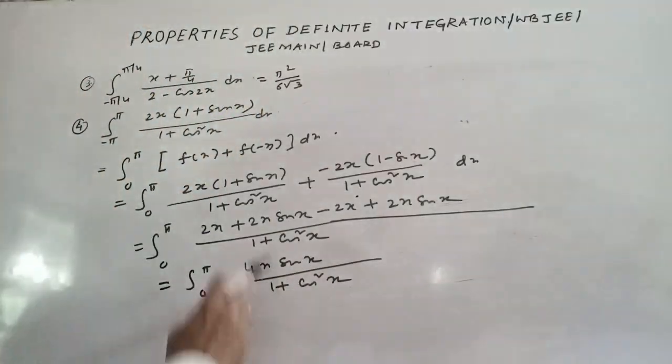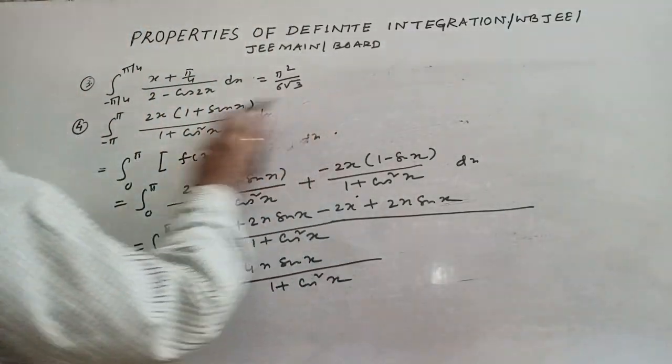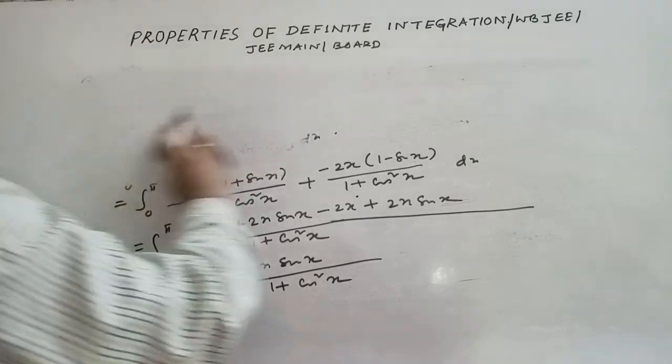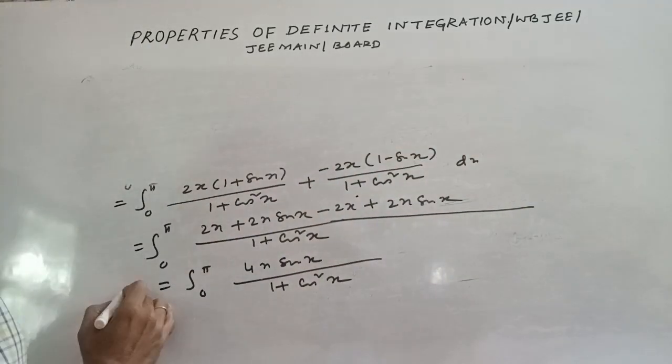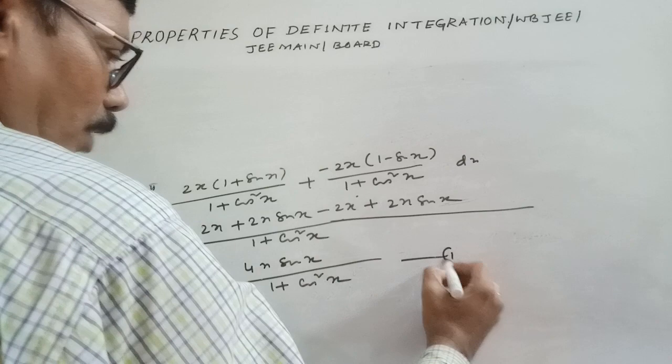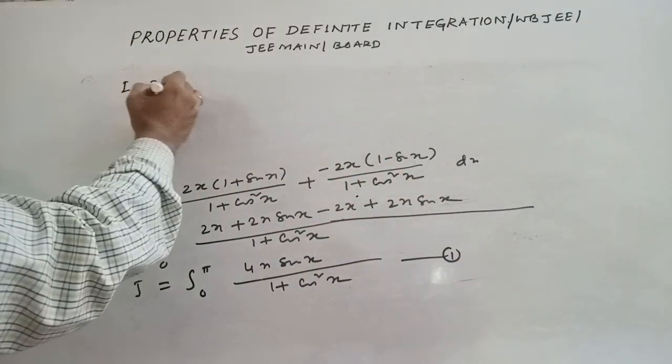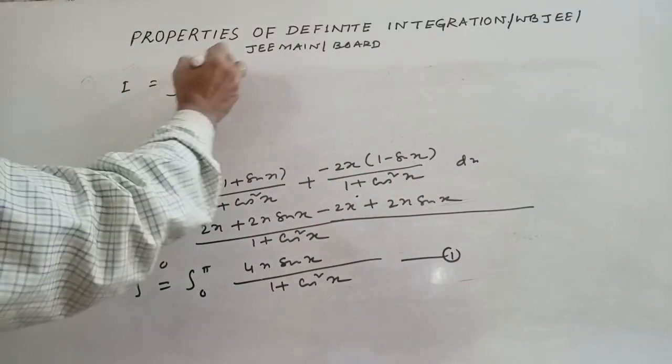So your main aim will be to cancel x. So suppose this is I. Then replace x by pi minus x.